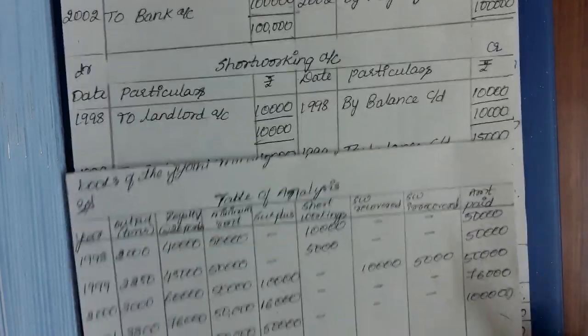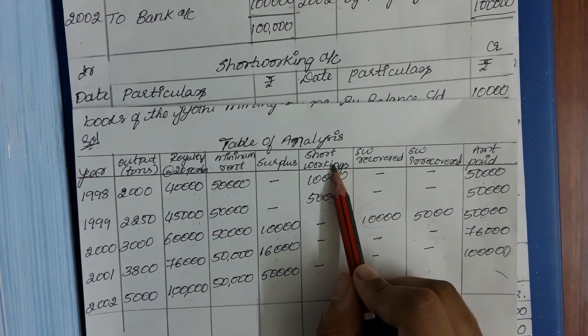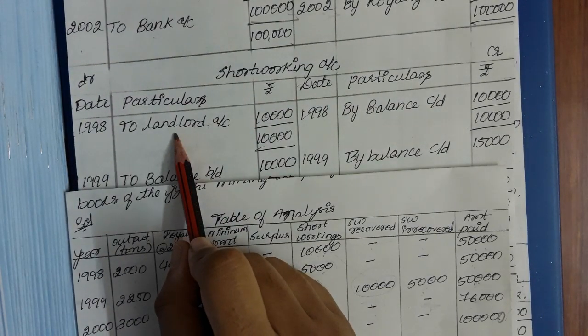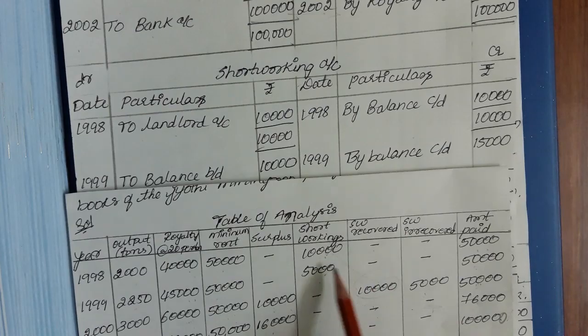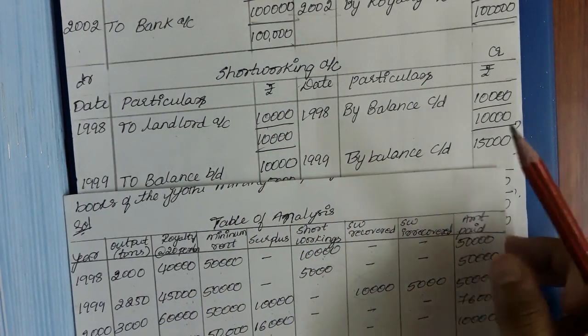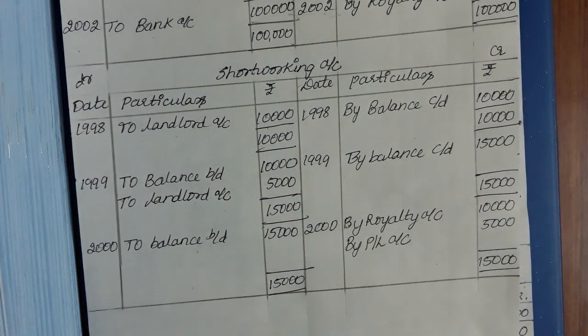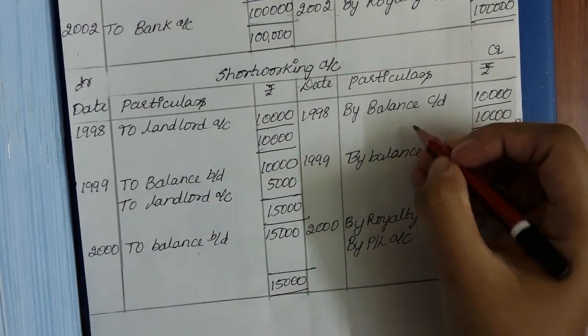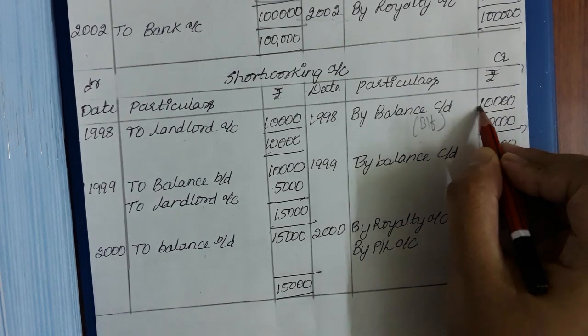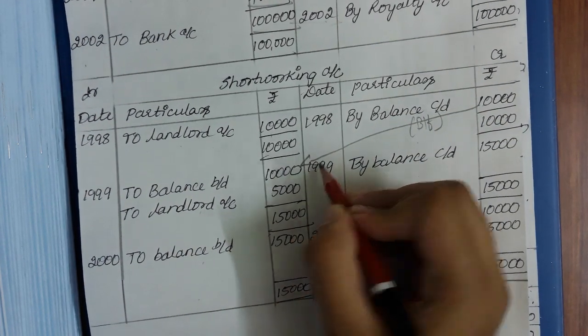So what is the short workings in the first year? 10,000 is the short workings. To landlord, 10,000 is the short workings, so you can't recover it in the first year itself, so you will be carrying it down for the next year. That is the balancing figure; you will be carrying down this 10,000 for the next year. Done.